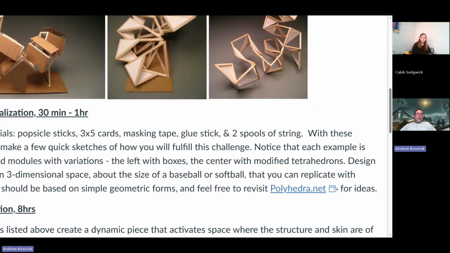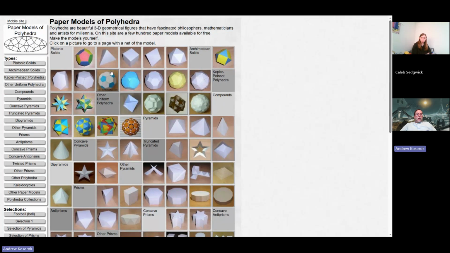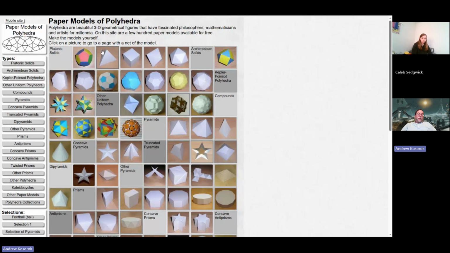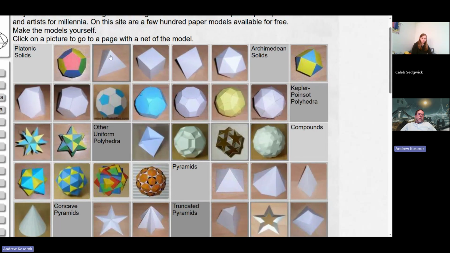I don't want you to do something this complicated. But shapes like a tetrahedron, a four-sided pyramid, a cube, or an octahedron are all pretty good shapes to start working with.